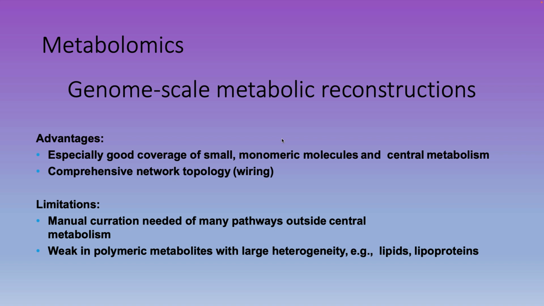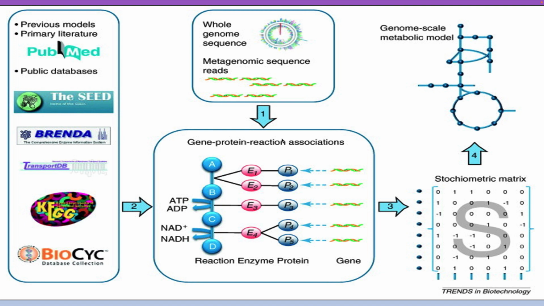Now, they're rather hard to generate, and certain metabolic processes are not as well identified using RNA-seq data, or even well annotated. But you can think of it as a very powerful model.